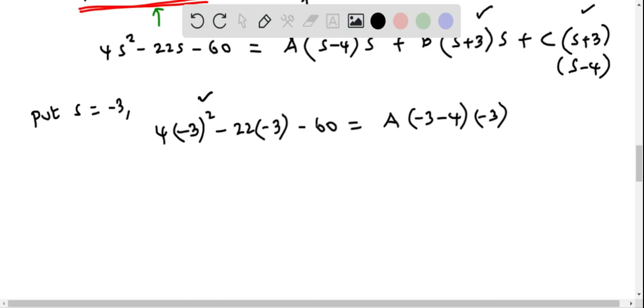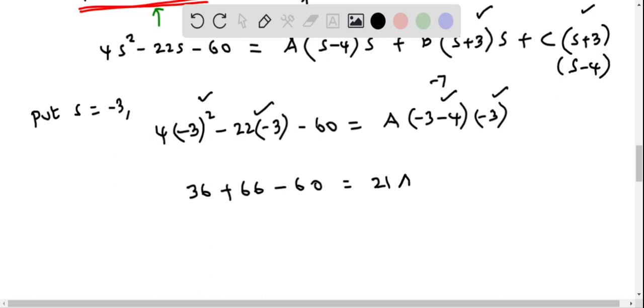Negative 3 squared is 9. 9 times 4 is 36. And 22 times 3 is 66. We have two negatives, so negative negative will become positive. So this becomes 66 minus 60. And this equals, this is negative 7 times negative 3, which equals a positive 21.